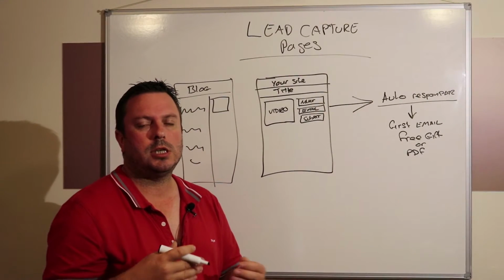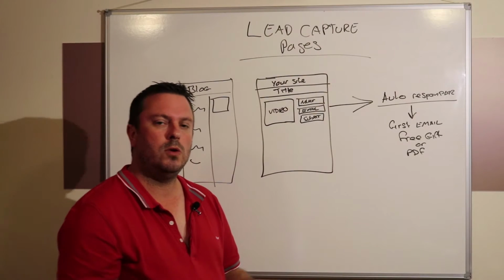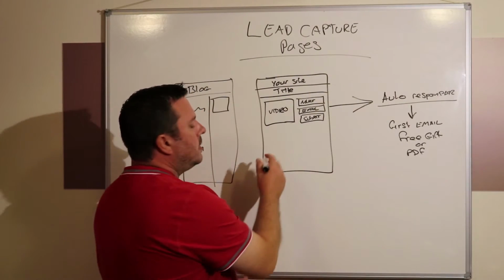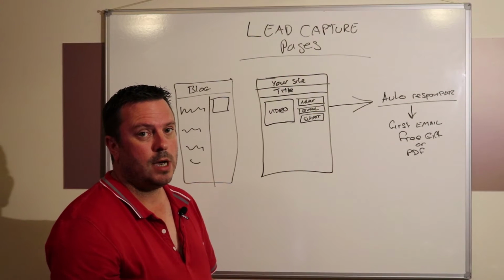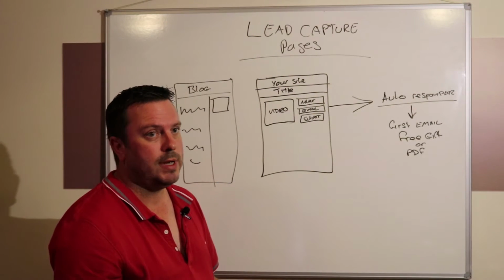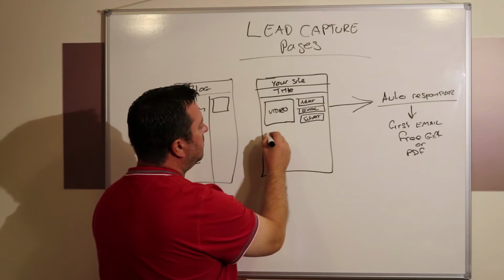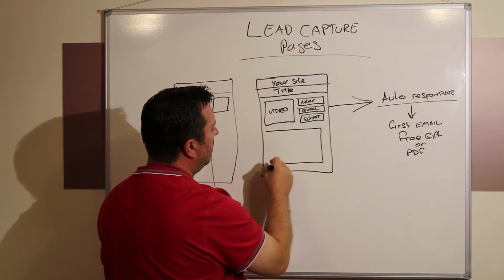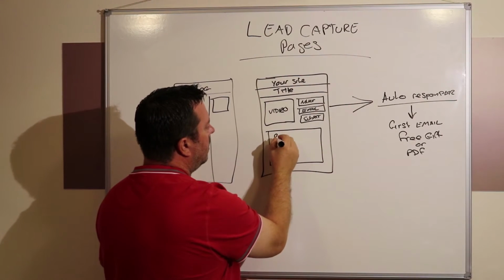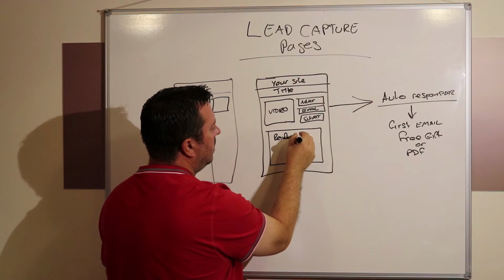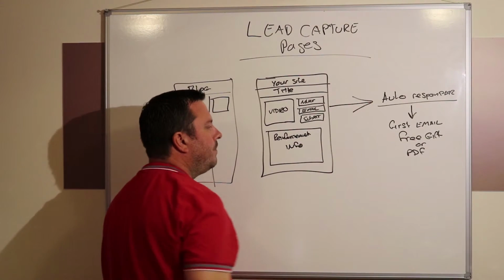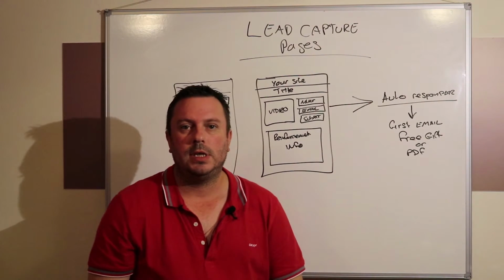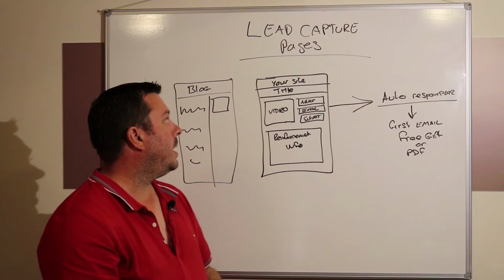This is just for reinforcement of what your video is saying, because not everybody likes videos, although most people like videos, but some people like to read something. So I would always put something in the bottom here, and we're going to call it reinforcement info. Okay, so obviously that is your lead capture page.